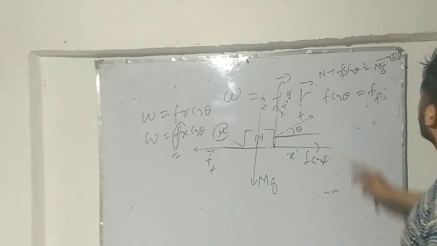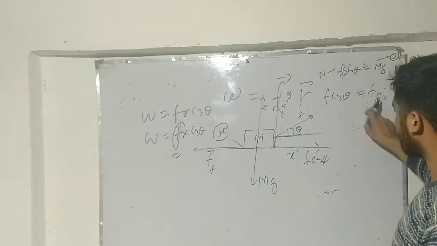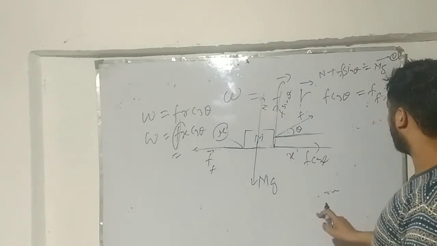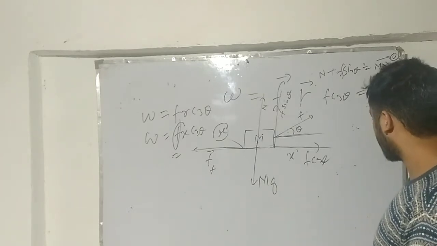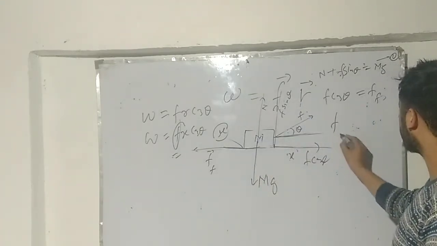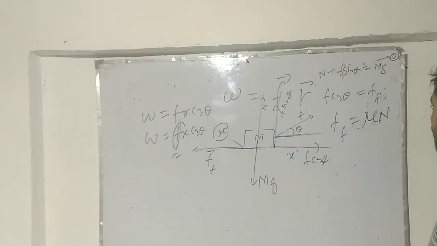Okay, so N plus F sin theta will be mg. F cos theta will be the frictional force here. If I define my frictional force, by definition, it's mu times N, where N is the normal reaction.